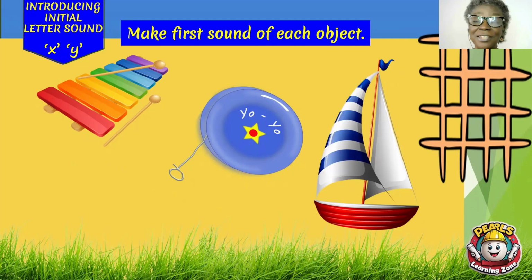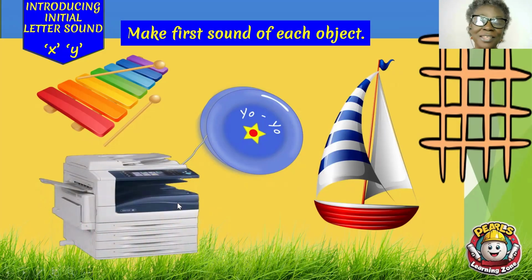And I said it's a fancy boat that people ride on water for fun. Good, you remember. So what's the initial letter sound for yacht? Yacht. Yeah, beautiful. Well done, every one of you.